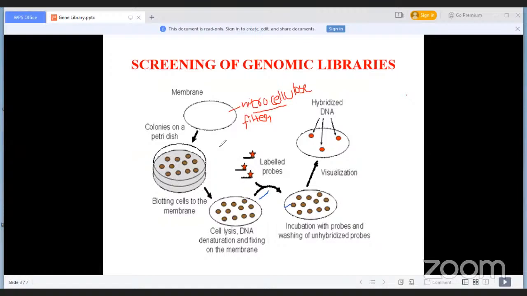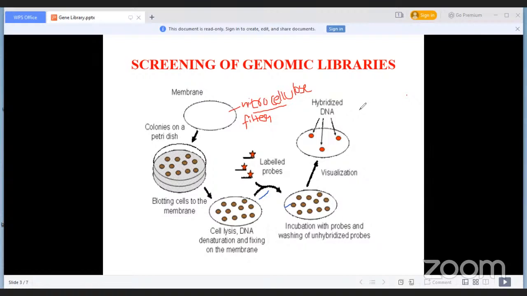There are a number of different techniques to screen for the desired gene. But the best process we selected is colony hybridization, because we selected the plasmid as the vector. If you select a plasmid as the vector, colony hybridization is the best way to recognize the desired gene among the culture, right?